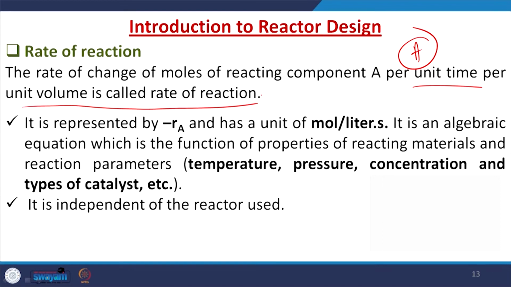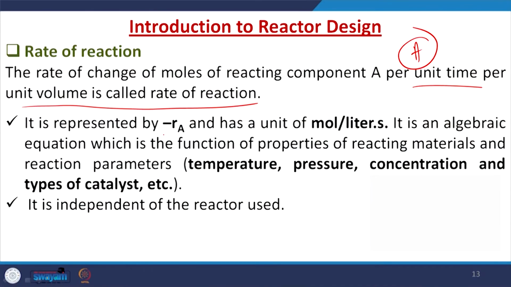This is a very broad or generalized definition. Usually this is represented by minus RA. The minus sign just tells you that the moles of A are being consumed in due course of time with respect to the formation of product.